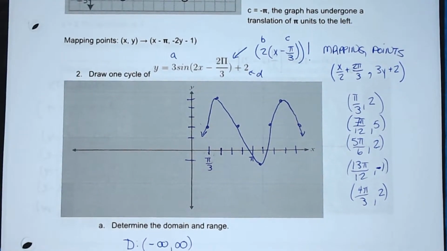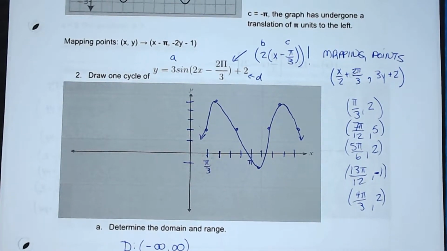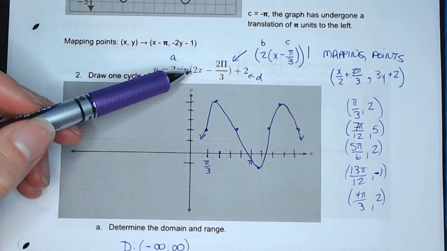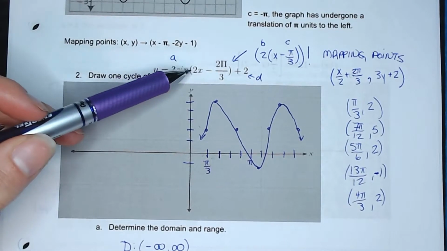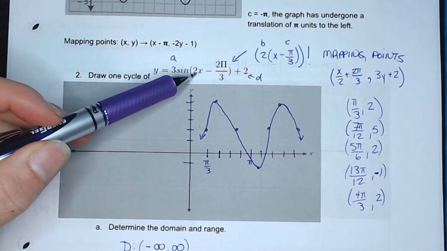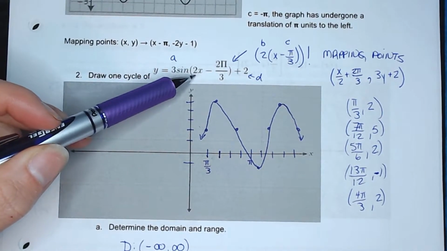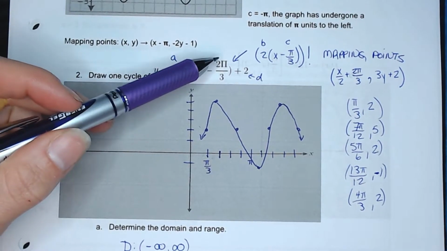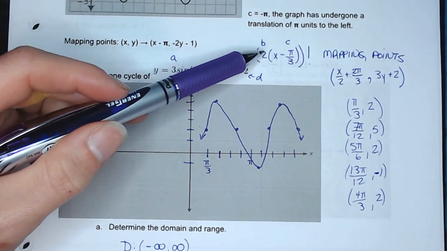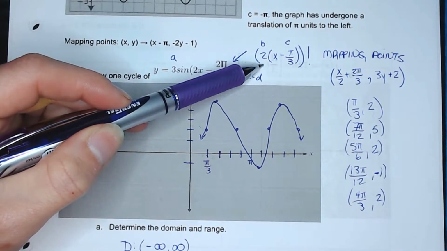Below that, we have an additional example. Draw one cycle of y equals 3 sine (2x minus 2 pi over 3) plus 2. I just wanted to remind you that within these brackets, because there's a coefficient in front of the x but it's not isolated out, you have to divide out that term so that you get an isolated b value.